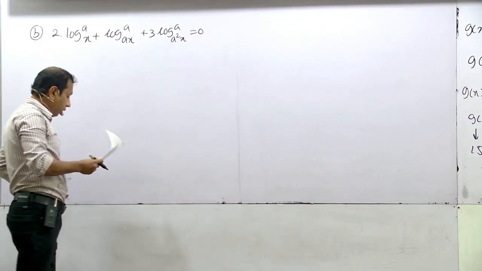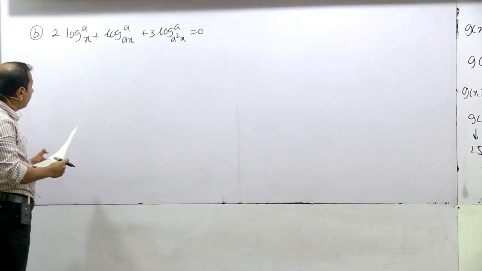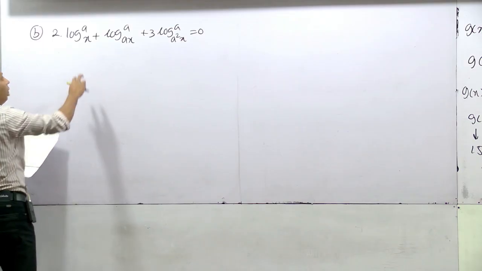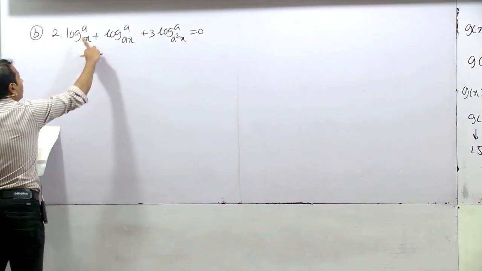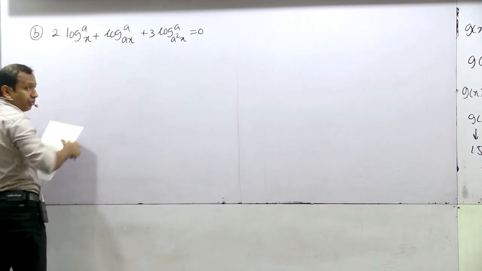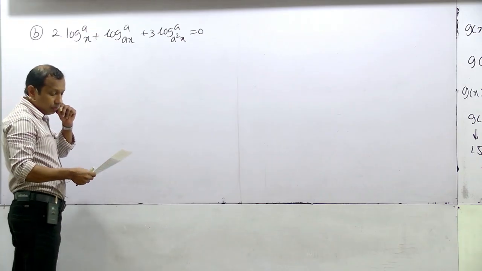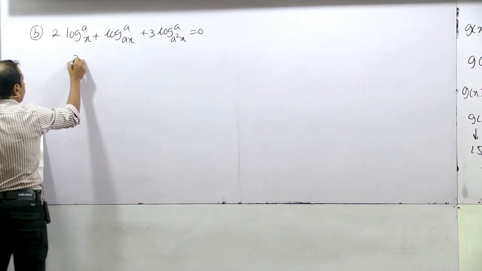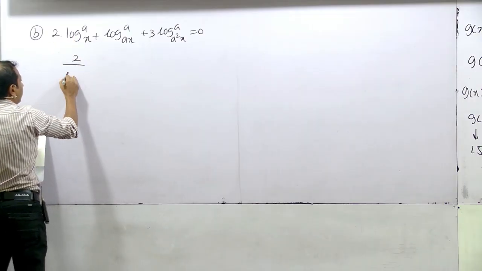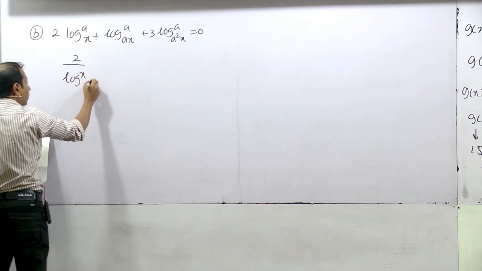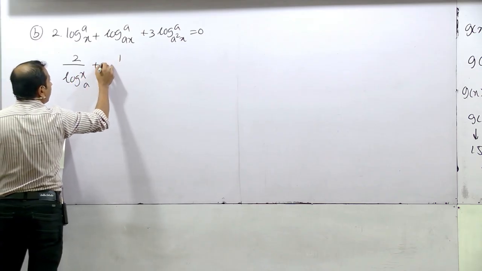We know one logarithm rule. When I take this logarithm to the denominator, these two numbers exchange places. Then 2 is at the numerator, we bring this to the denominator, and it goes this way. Here also the same thing happens.